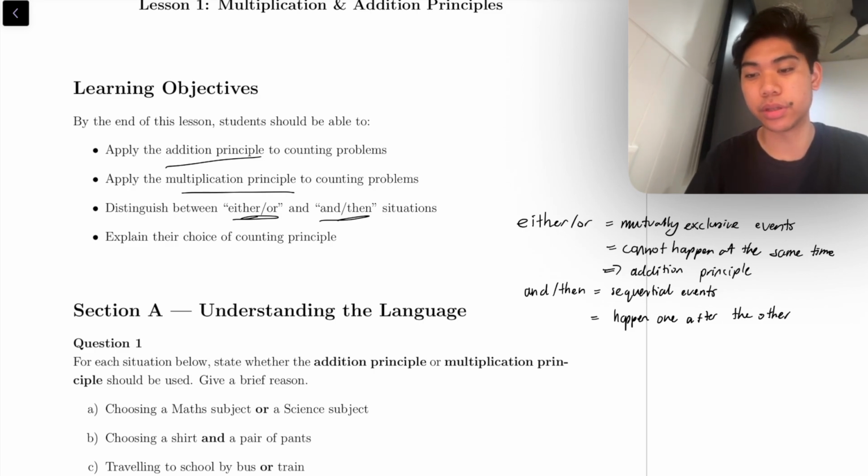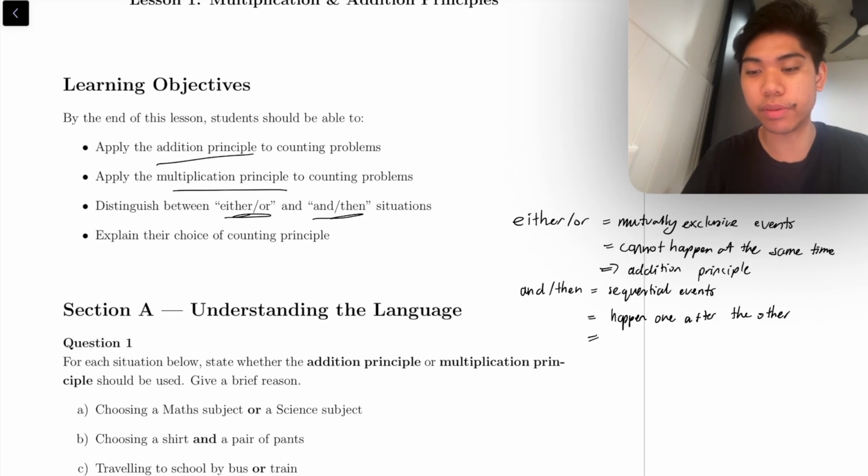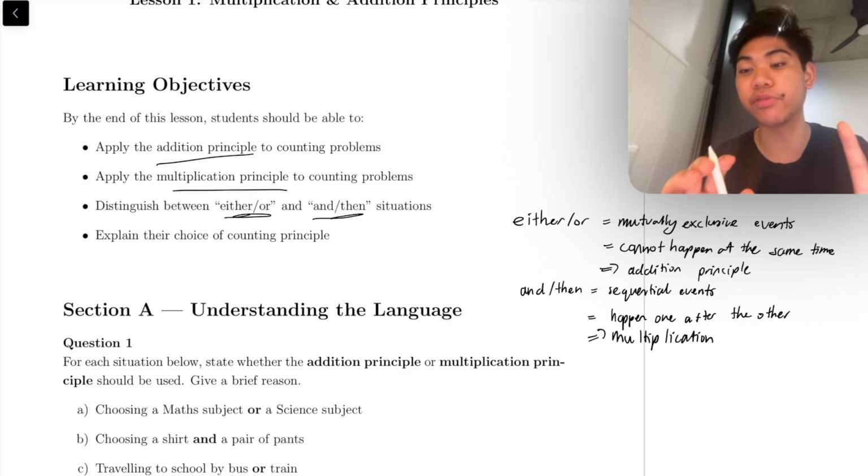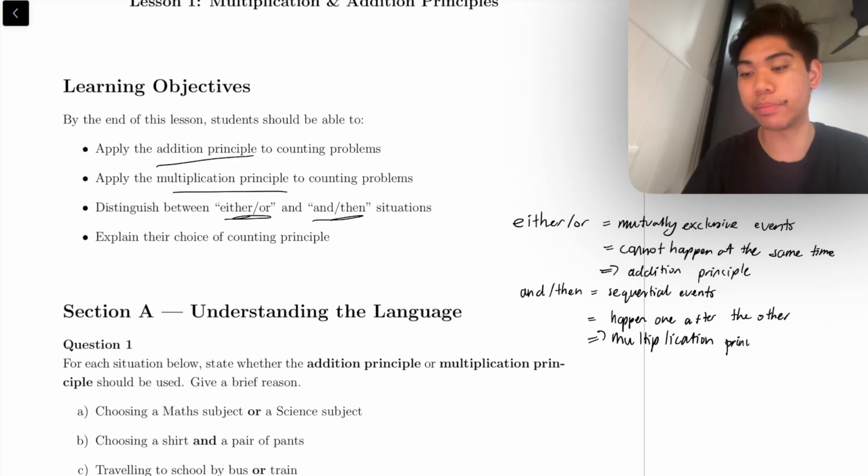So we would use the multiplication principle for that. So again, it's like the addition principle, except instead of adding, we're going to multiply those combinations together. So let's have a look at some examples.